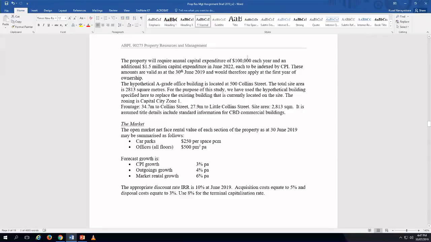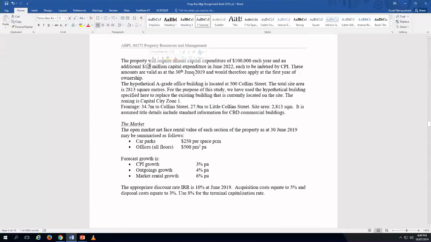Each year you need to increase this by CPI, Consumer Price Index. These amounts are valid as at 30th June 2019. So this 1.5 million is also in today's value.